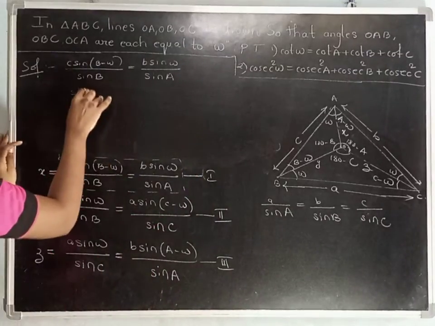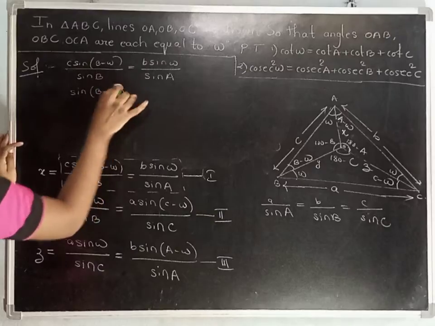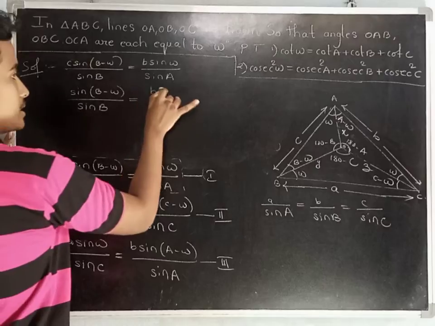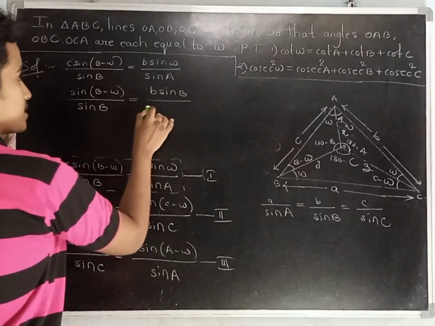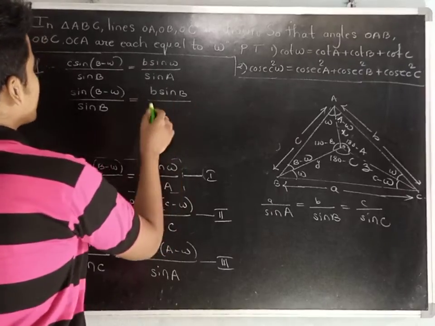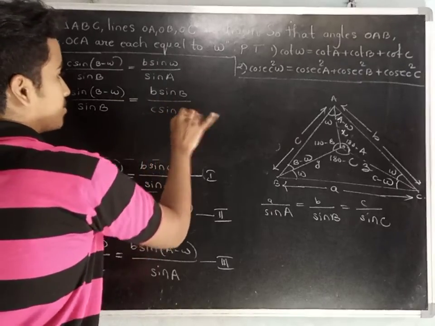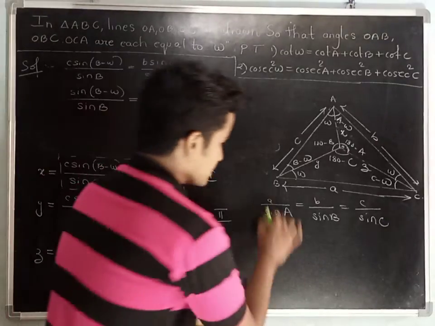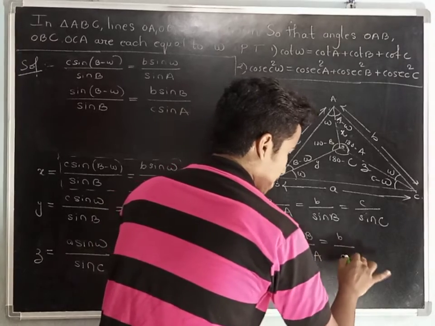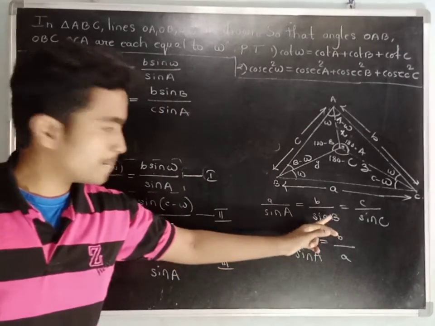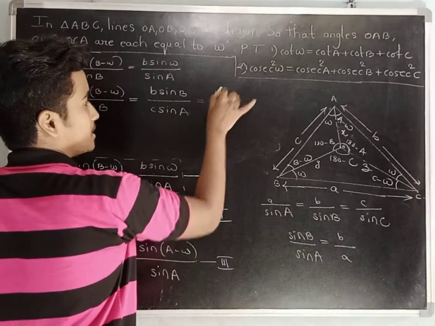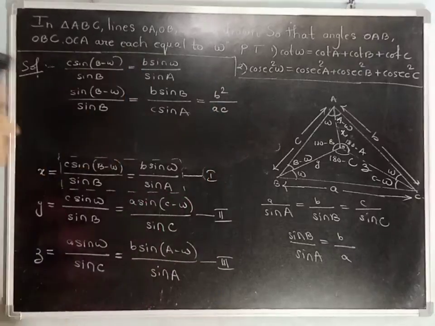Now sin (B minus omega) by sin B is going to be B sin omega by sin A into B by C. From this equality, sin B by sin A is nothing but B by A, right? A by sin A is equal to B by sin B. So sin B by sin A is nothing but B by A. Let me put this here. I am going to get B square by AC.